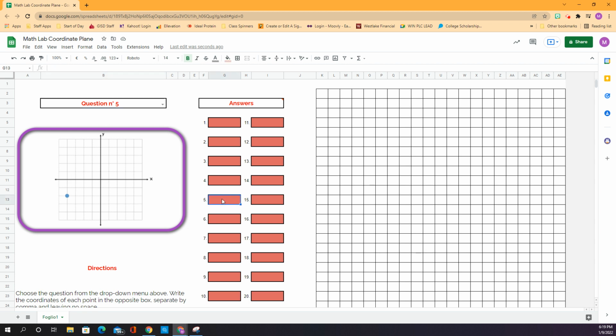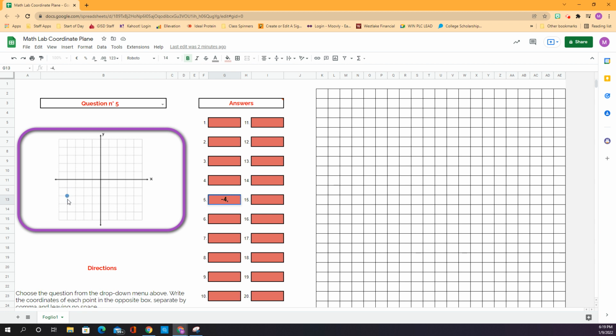So this is number 5. I'm going to put -4 first. And remember, we're going to put a comma to separate the numbers. So I just put this here in the box for number 5, -4, comma. All right, now let's get our second coordinate, our y-coordinate. So here's the y-axis, and when we are trying to get this y-coordinate, we're going to pick up where we left off, and we're going to go down parallel to this y-axis. Parallel means kind of like right next to it, but vertical.